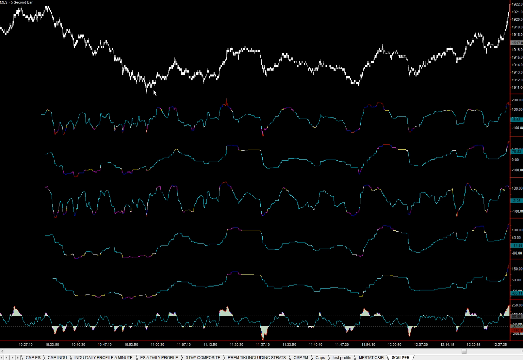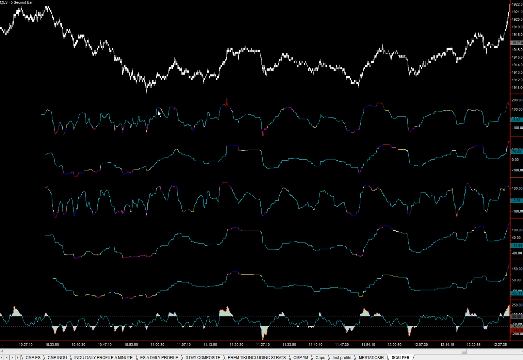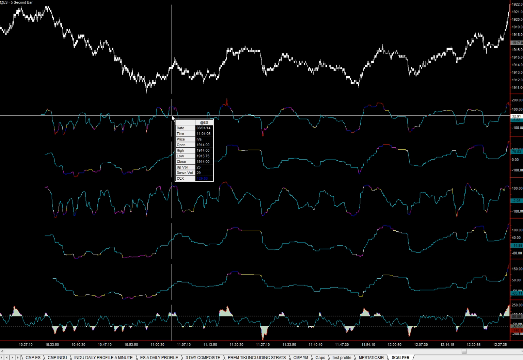Now let's go the other way, because we're trading in both directions. We have an overbought condition here, but we really don't have much confirmation on this. So we're going to wait. But once we get here, again, we're overbought.